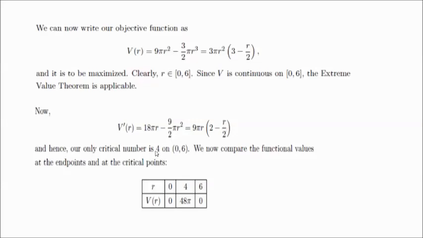So the critical number is actually 4, because 4 divided by 2 is 2, 2 minus 2 is 0. But you can do trial and error if you want. So if 4, substitute it here, it will be 0. Okay? So again, comparing the values, on 0 to 6, our volume is 0, class. But at the critical number, we will reach the maximum volume, which is 48 pi.